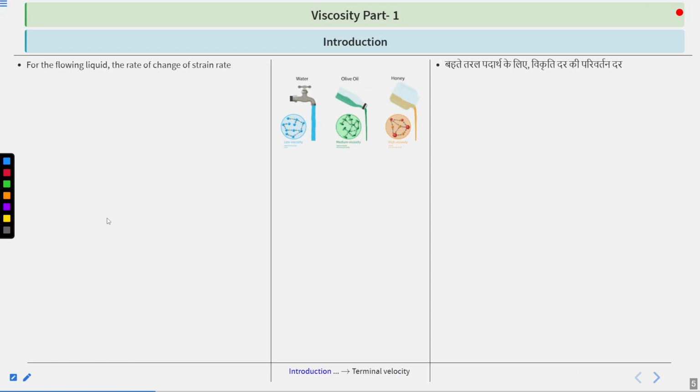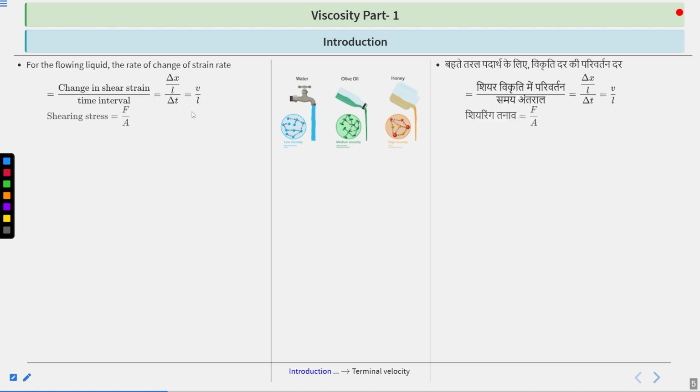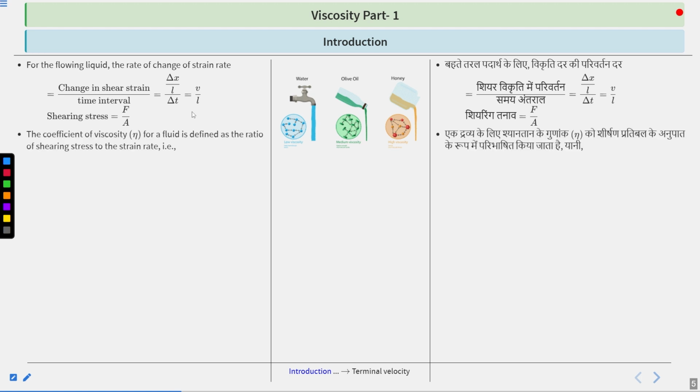Now, for the flowing liquid, the strain rate is presented by the change in shear strain per time interval: delta x by L by delta t equals V by L. Shearing stress equals F by A. The coefficient of viscosity eta for a fluid is defined as the ratio of shearing stress to the strain rate.